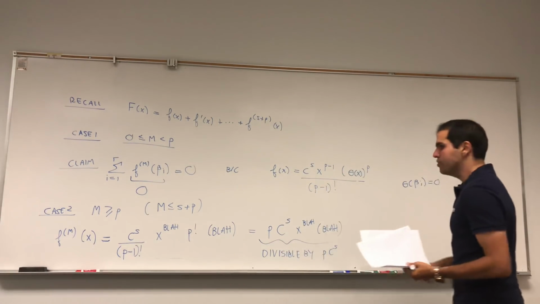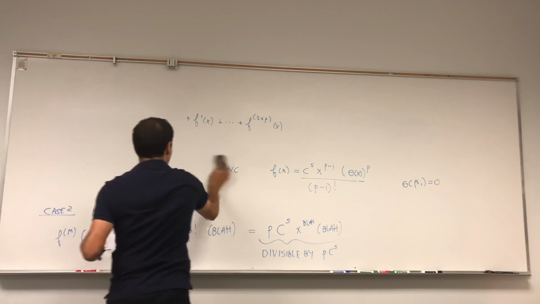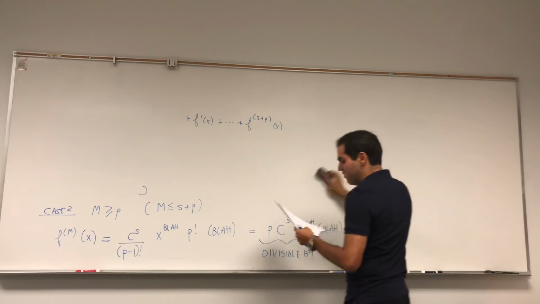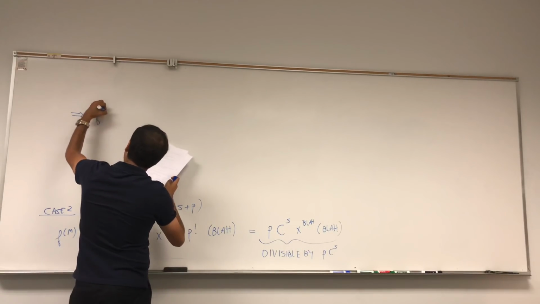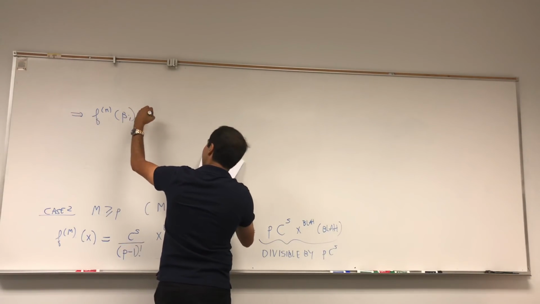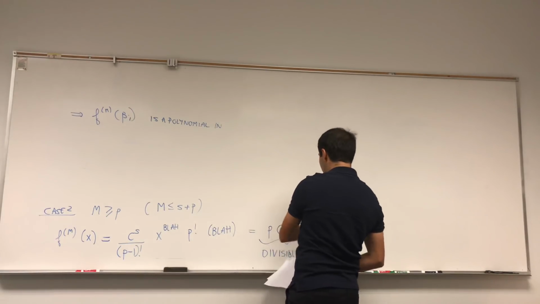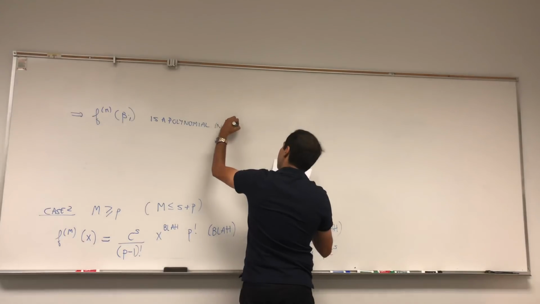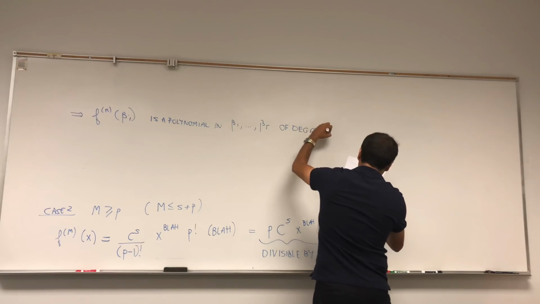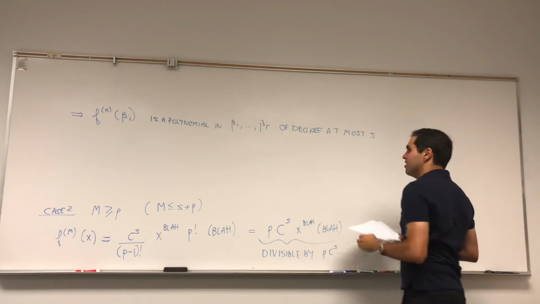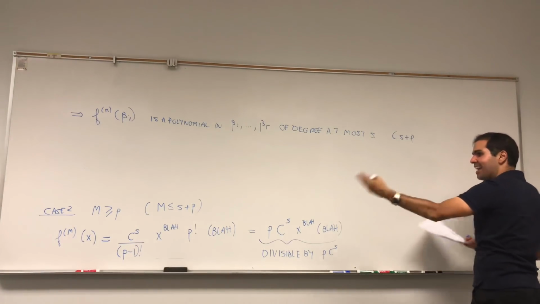And so the next argument is slightly hand-wavy, but what happens then is that even if those terms are not necessarily 0, if you plug in beta I into those things, so f_m of beta I, what this becomes then, it's a polynomial in all the betas, remember, because we had our theta, which involves all the betas, so beta 1 up to beta r, of degree at most s, because I think at the beginning we had s plus p roots, but we're taking at least p derivatives.